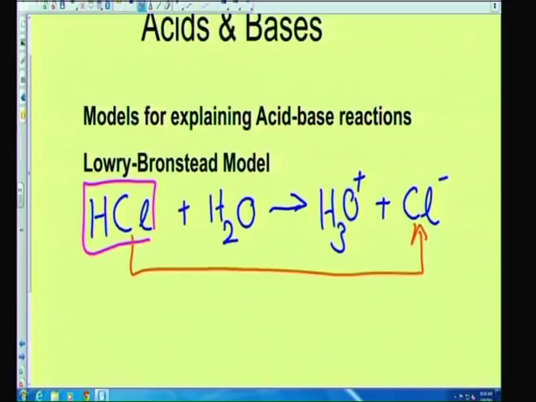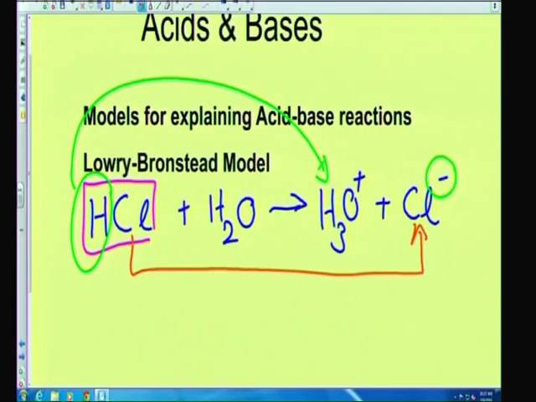The other thing that we should recognize and should notice is that the H has left behind its negative electron, and it has attached itself to become a hydronium ion, H3O+. It's attached itself to the water, changed the water to become an H3O+. Take a look here, we had H2O, now we've got H3O, but we've got an extra positive.